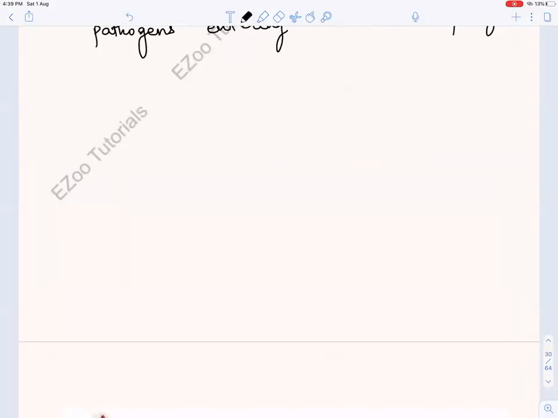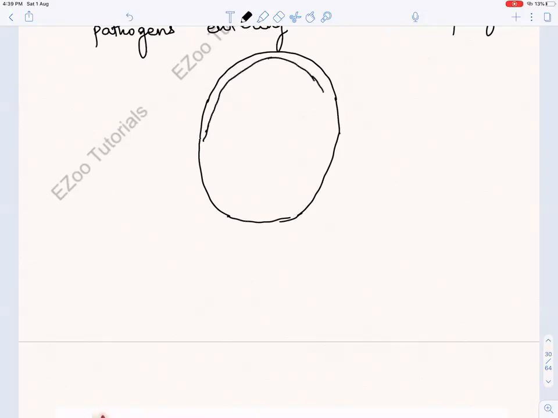So let me draw. If we see that there is this open mouth, we are drawing an open mouth with the upper lips and lower lips.